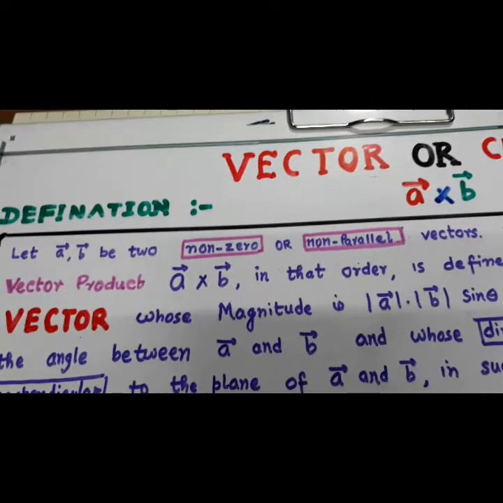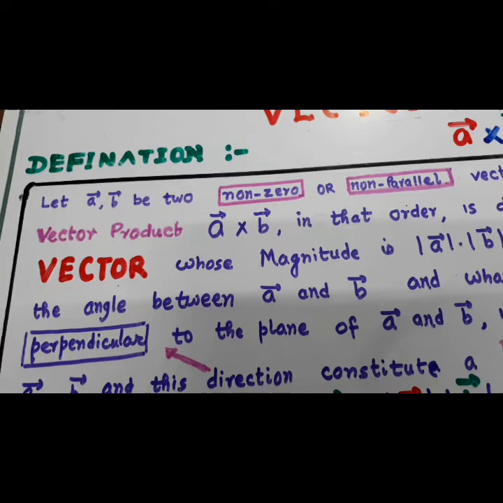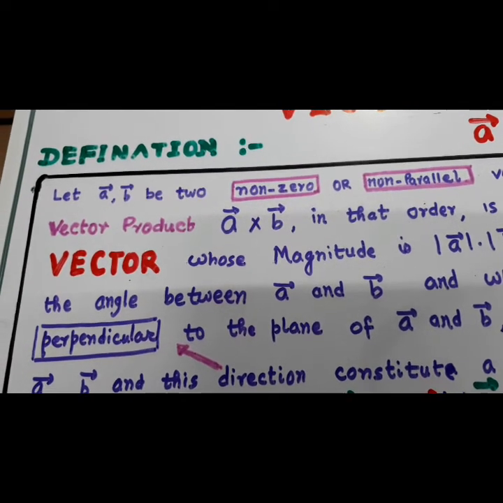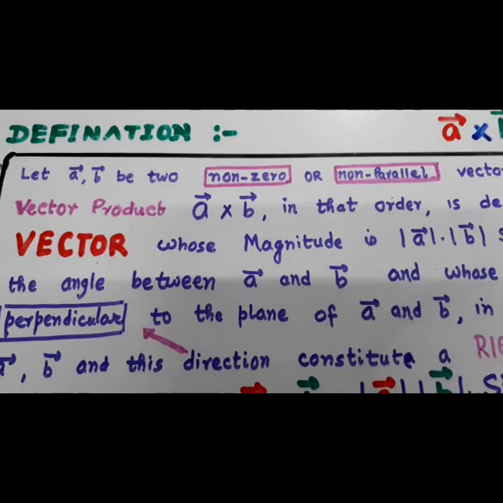Now, here is the definition. Let A and B be two non-zero or non-parallel vectors.